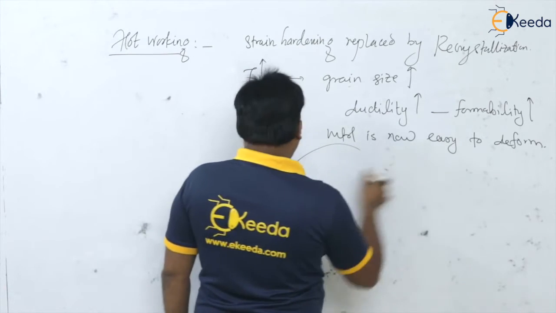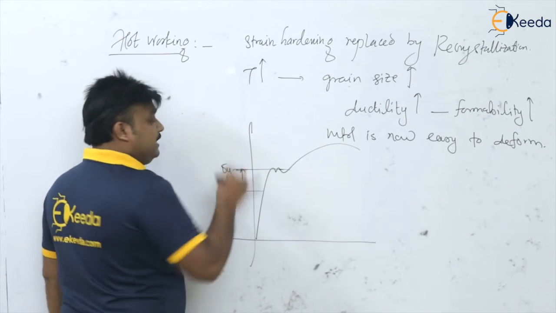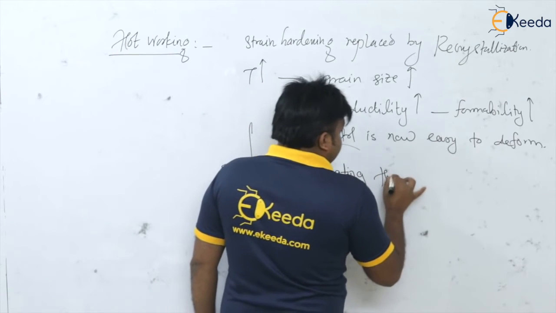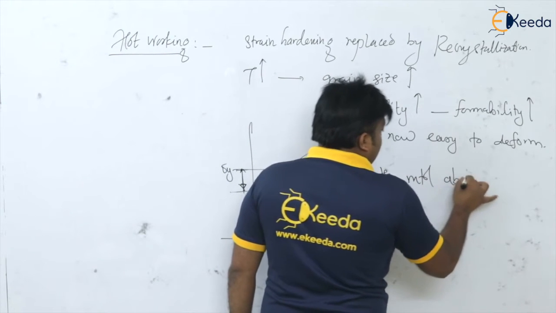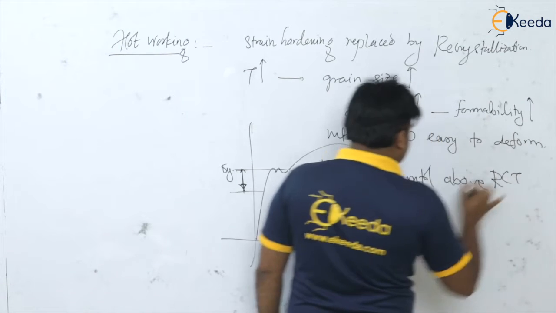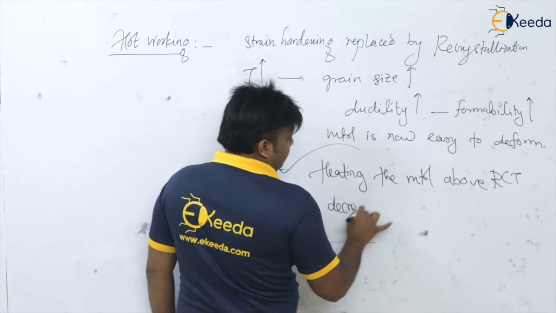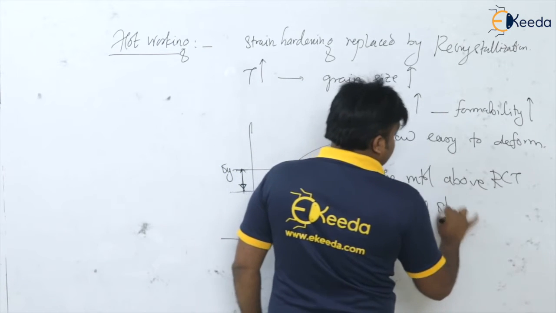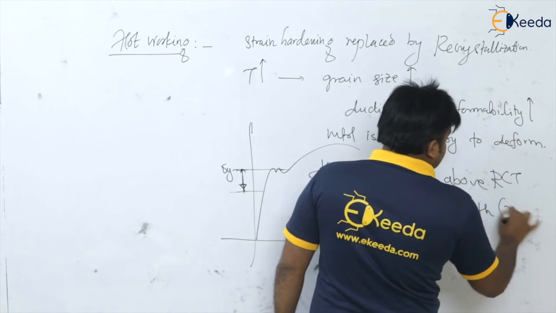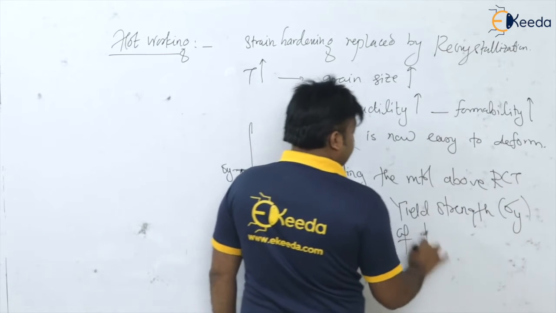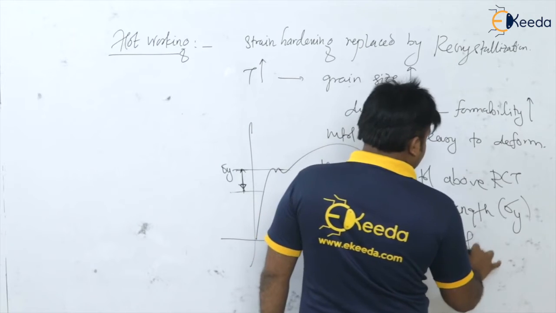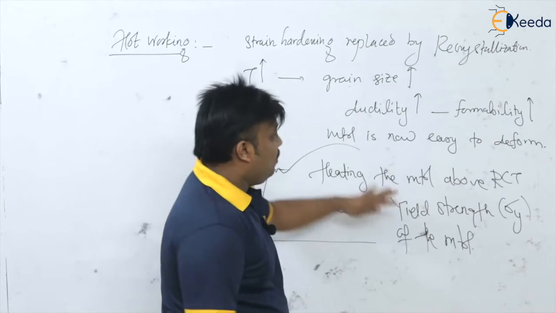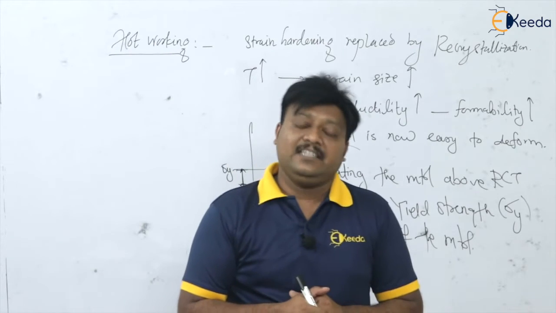Now it is easy for deformation, the sigma y decreases, that is, heating the material above RCT, recrystallization temperature, decreases the yield strength, that is sigma y of the material, and deformation is easier. So this is in case of hot working. And here strain hardening is not there.